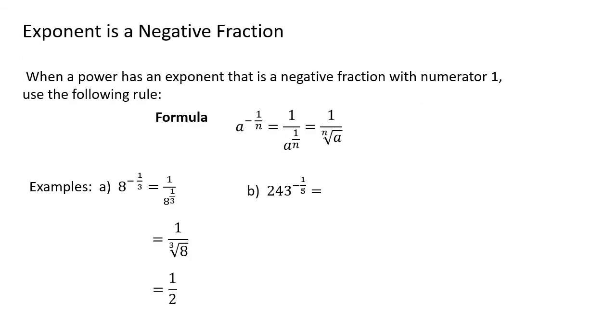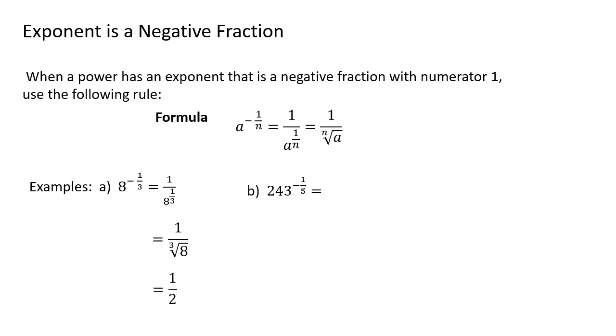Building on this ability to change a root into an item with an exponent, remember in our last lesson we talked about negative exponents. And we said if you had some number to a negative exponent, it's the same as 1 divided by that same power to the positive exponent. And it's no different here. The same rule applies.